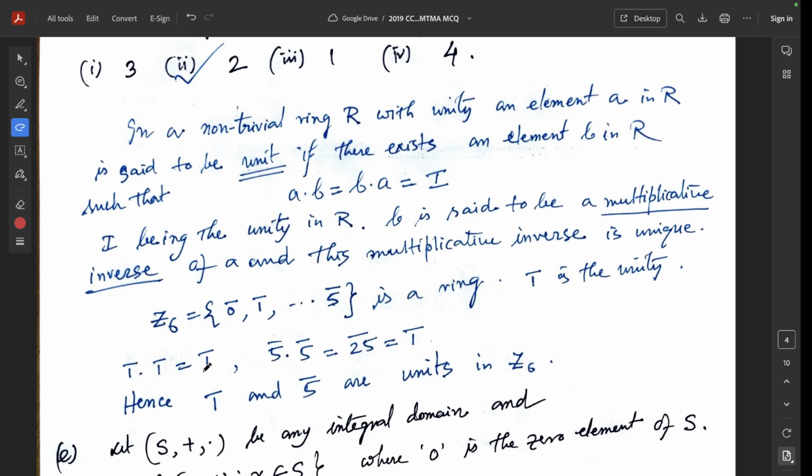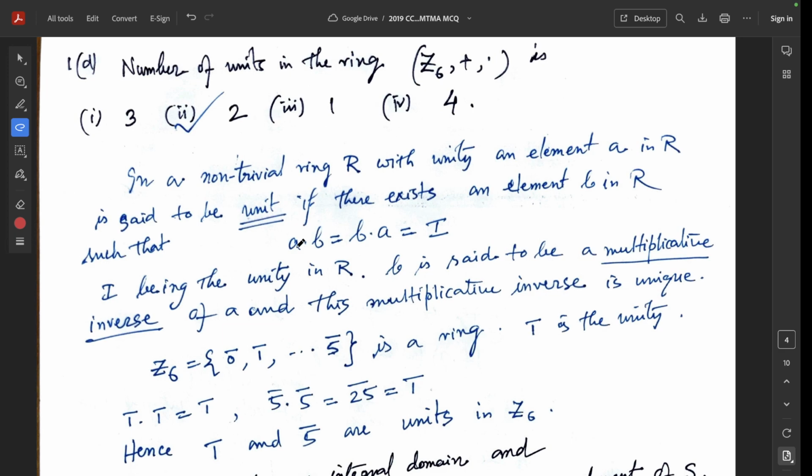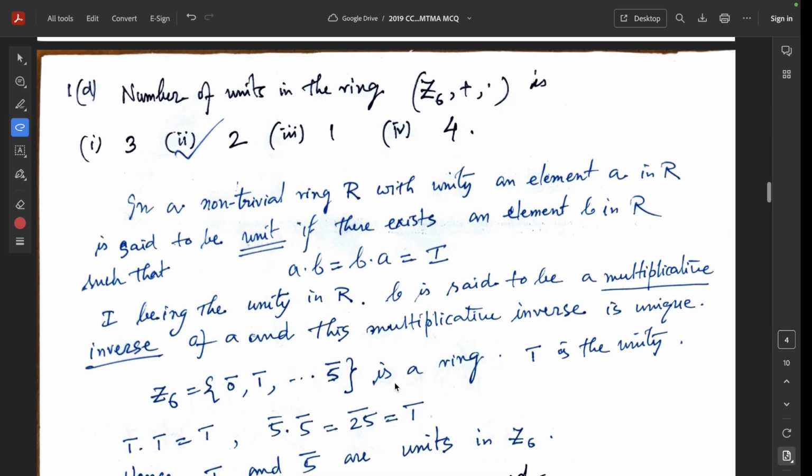Now class 1 dot class 1 is equal to class 1, and class 5 dot class 5 equal to class 25, that is, 6 times 4 is 24, so the residue is 1, so this equals class 1. So a dot b equal to b dot a is I. So here class 1 and class 5 are the units.